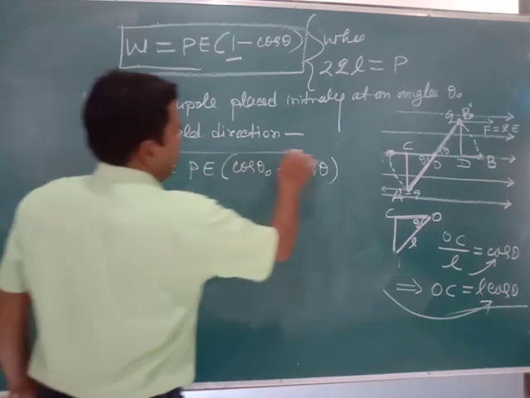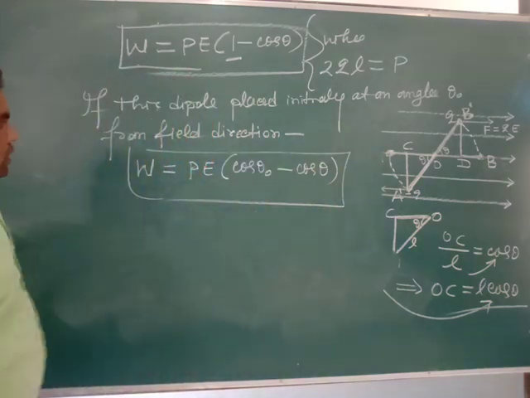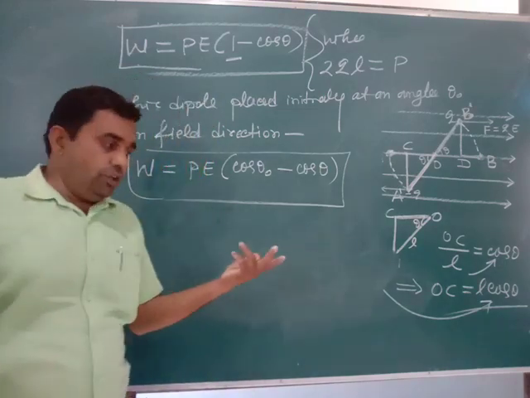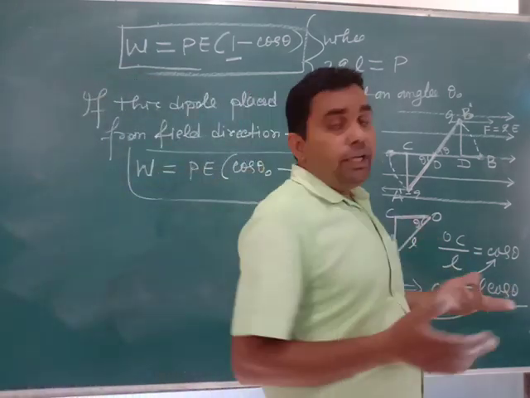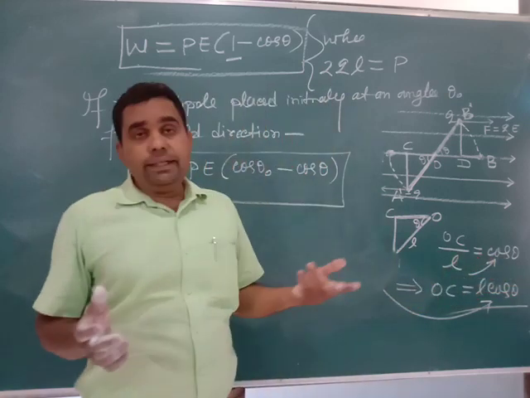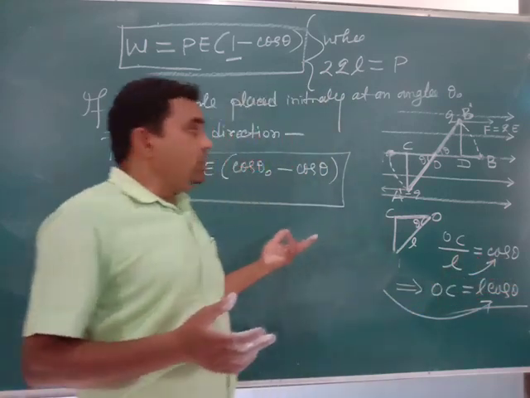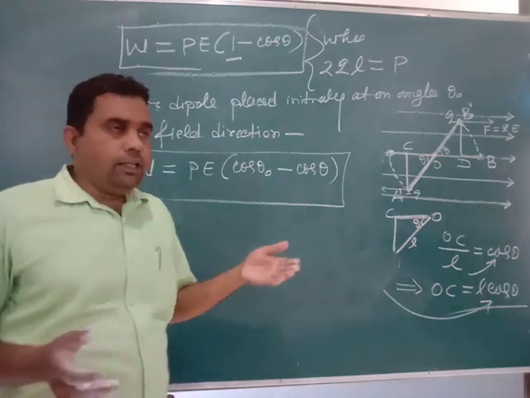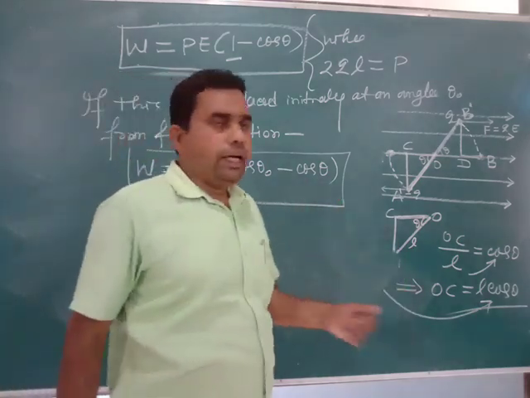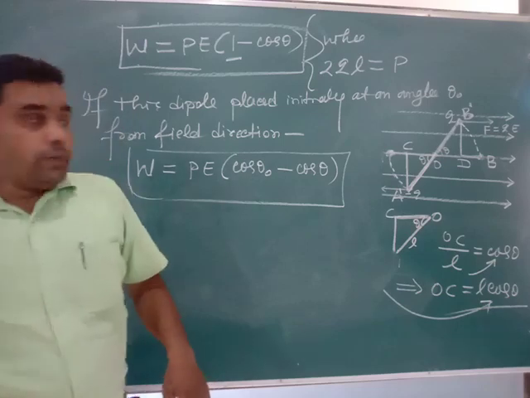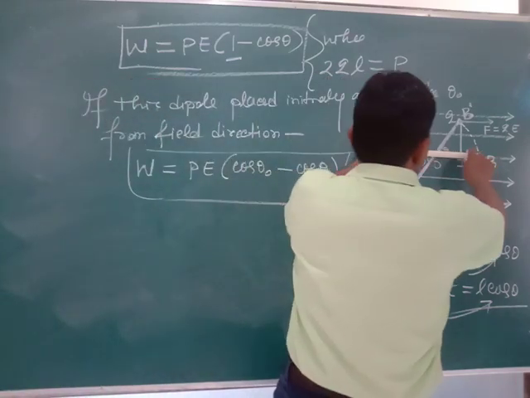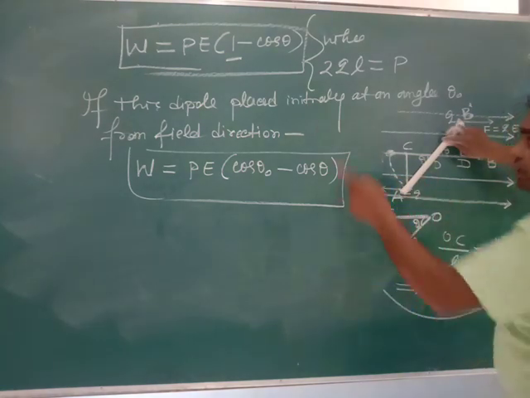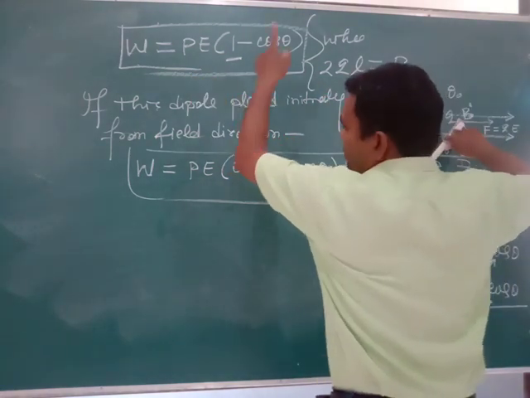This work done is stored in the form of energy, which is called the potential energy of the electric dipole in an external electric field if it rotates at an angle theta from the field direction. When the electric dipole is placed along the field direction and rotates at an angle theta, the work done formula takes this form.